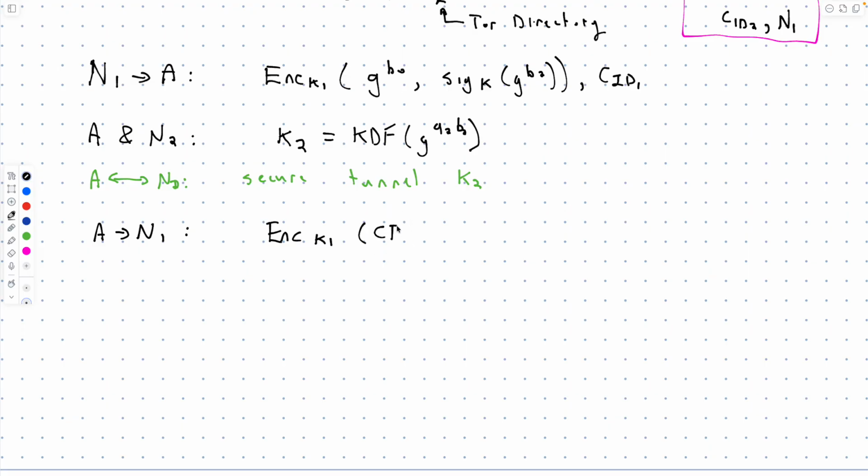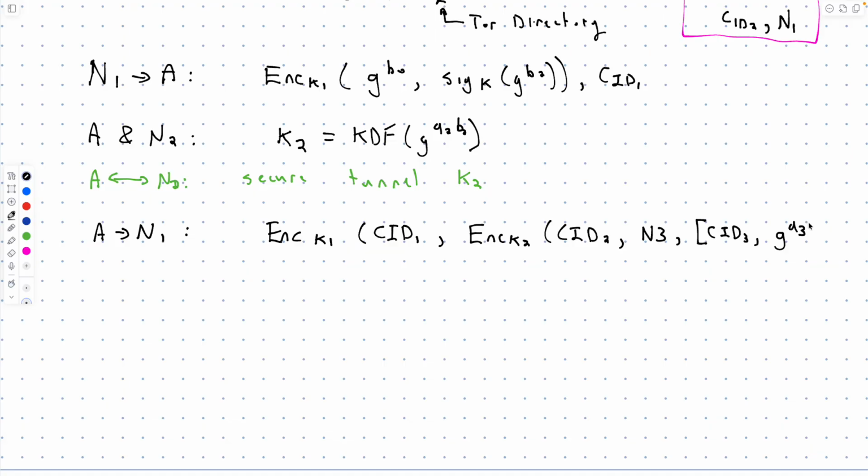Then it's going to have an encrypted payload under K2, marked with CID2. And then she's going to say, I want you to make a secure tunnel to N3. I want to do Diffie-Hellman with N3. The ID I want you to use is CID3. And here's my Diffie-Hellman for node 3.